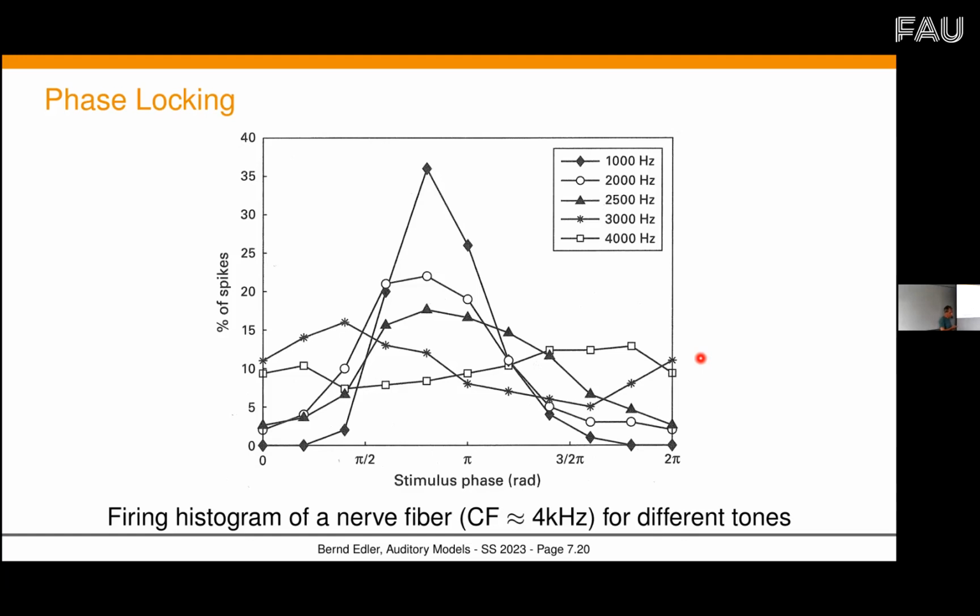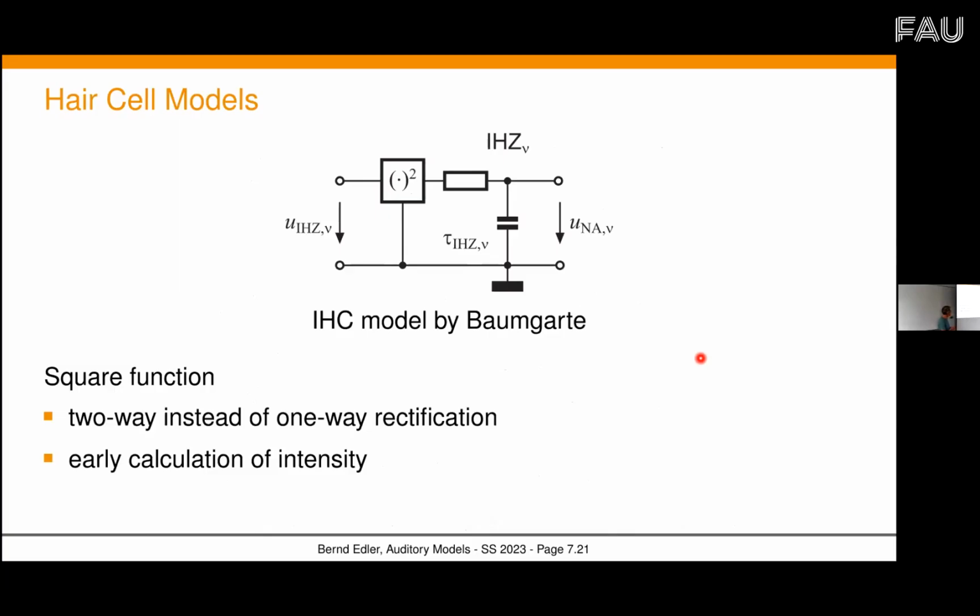First, you can model the hair cell to firing rate connection in a fairly simple way. This was done, for example, in the model by Frank Baumgarte, who wanted to get a good connection of time and frequency resolution of the auditory system.